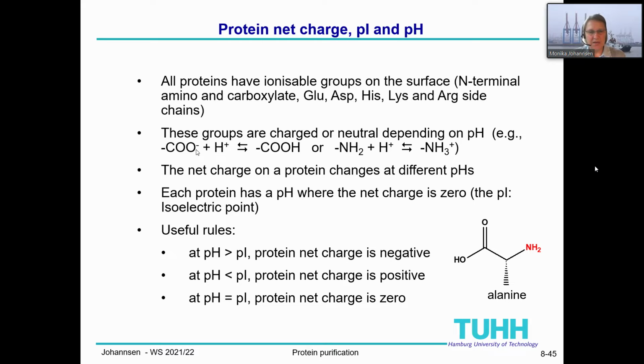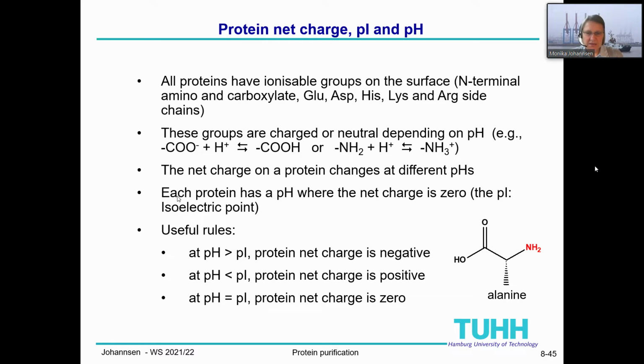We do have this acid group here, or the amino group, and the net charge on a protein will change with different pHs. So it depends on which side of this equation the equilibrium is.